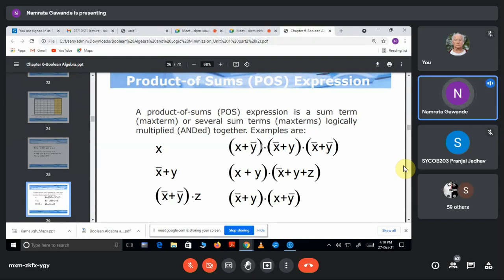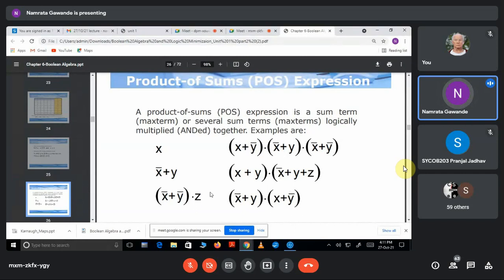AND means product, OR means sum, right? So these are the expressions that indicate the POS expression. Again here, this is one term, this is one term, and those are ANDed, multiplied. Okay, so these are all POS forms.